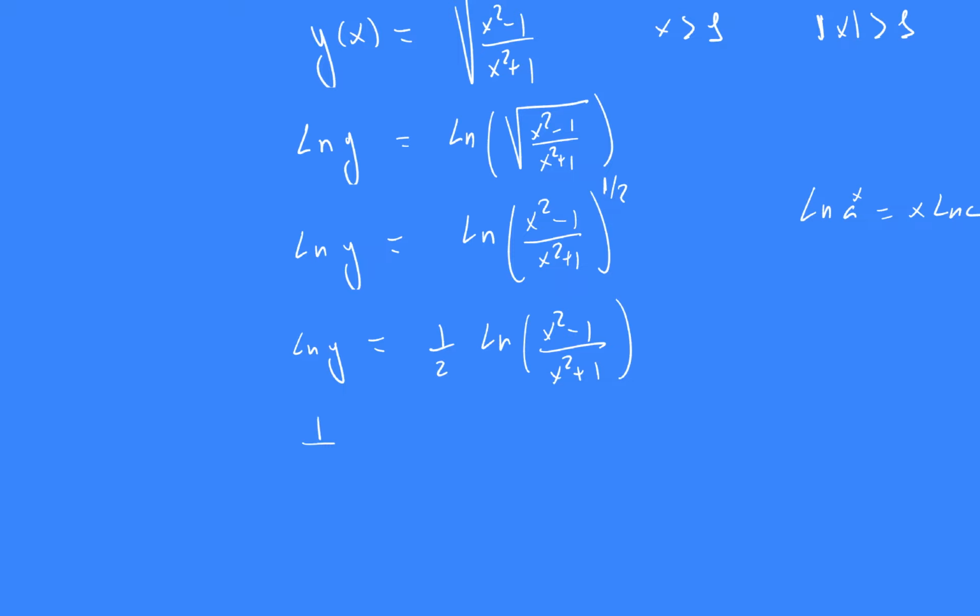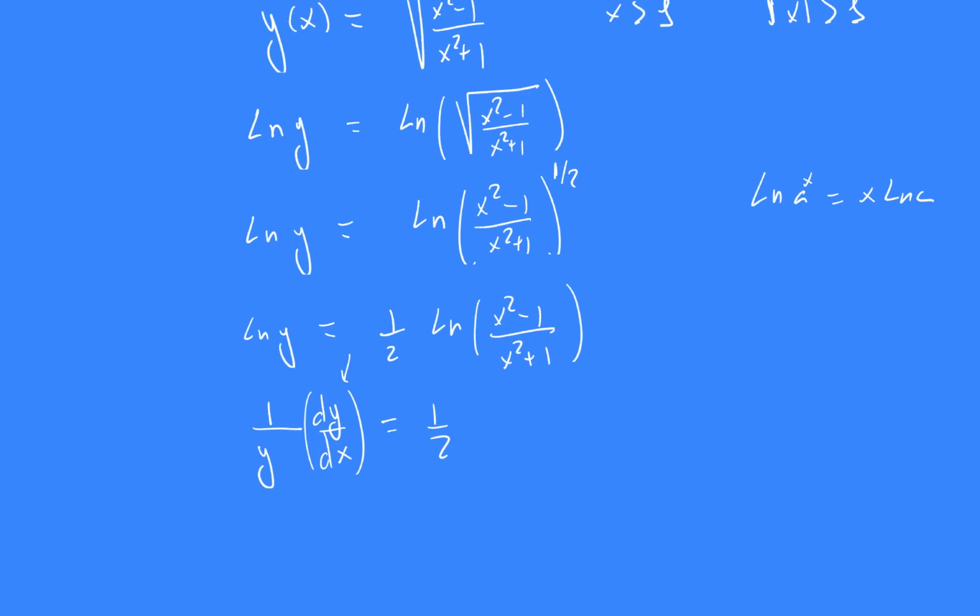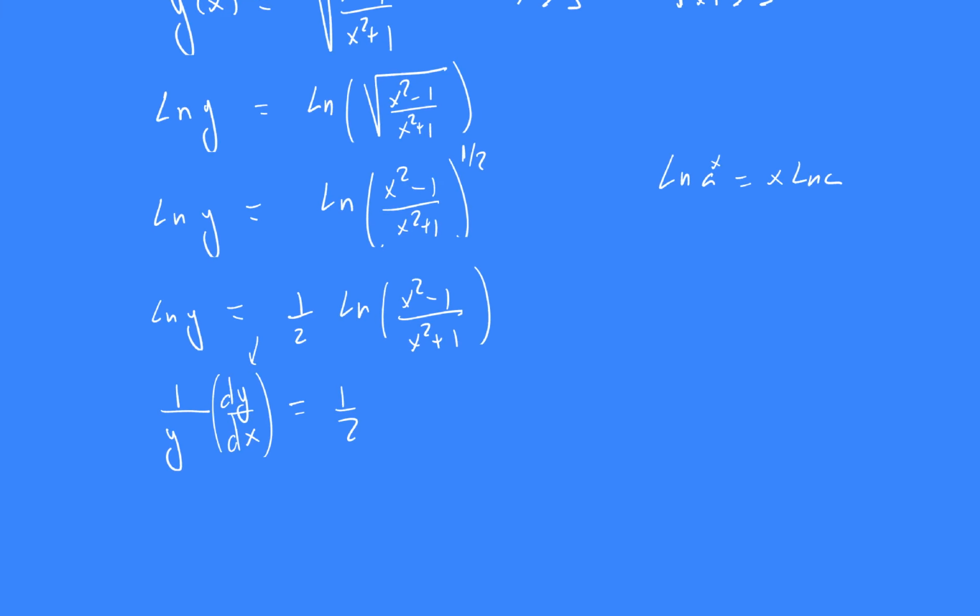What is the derivative of the natural log of y? It's 1 divided by the function by the derivative of the function. And here is what I want to find, the derivative of the function. It will be 1/2 by the derivative of the natural log. The derivative of the natural log is 1 divided by the function.